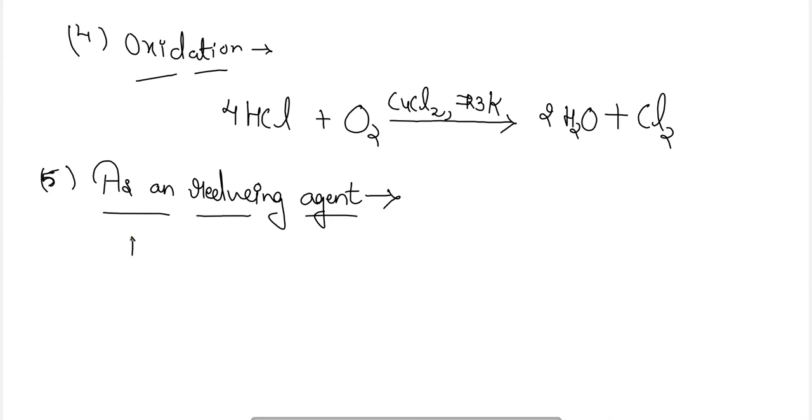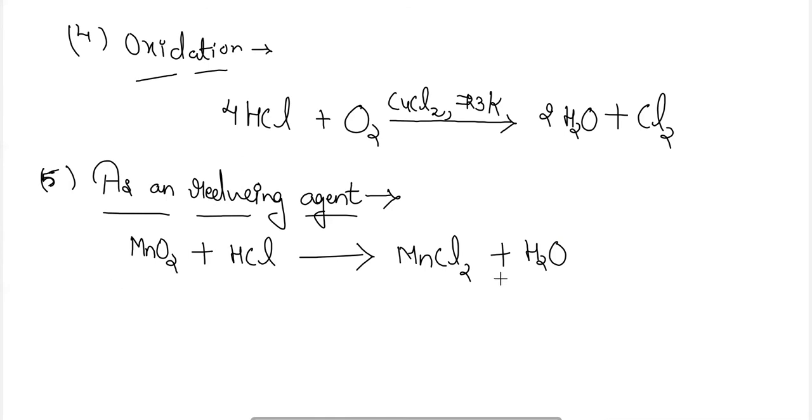Okay, so when HCl reacts with manganese dioxide, which is a good oxidizing agent, it will produce manganese chloride, and the hydrogen will oxidize to water, and Cl2 will be released. So here 4HCl plus MnO2. Okay.